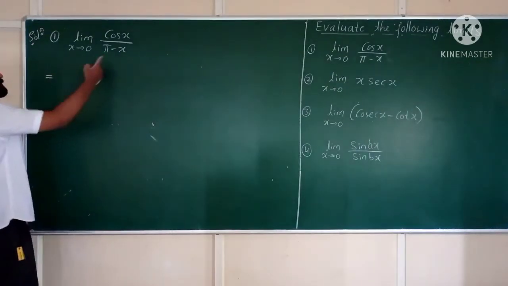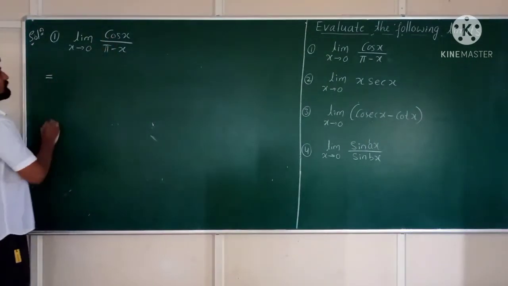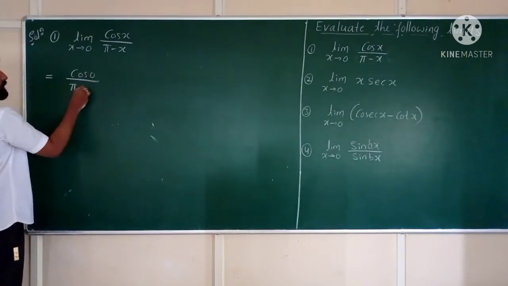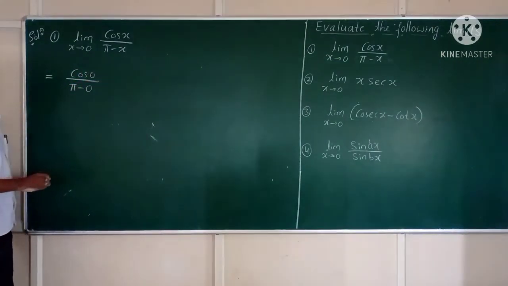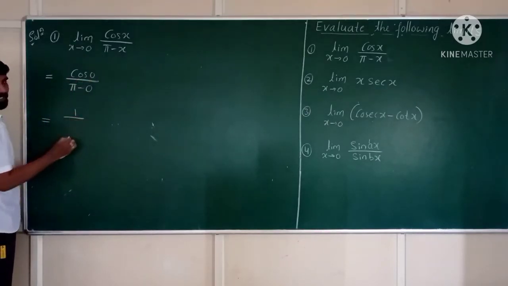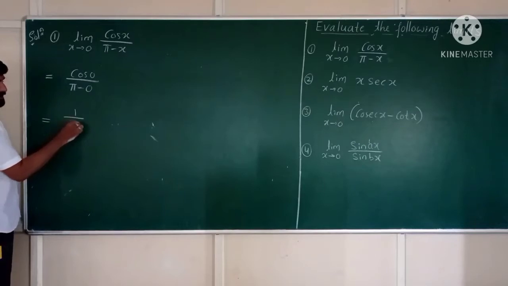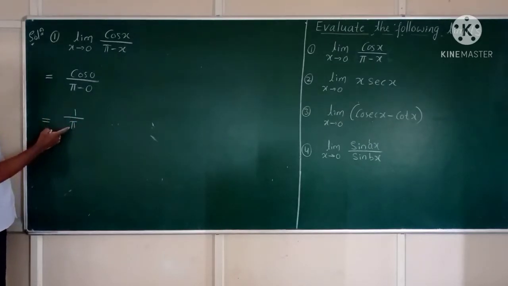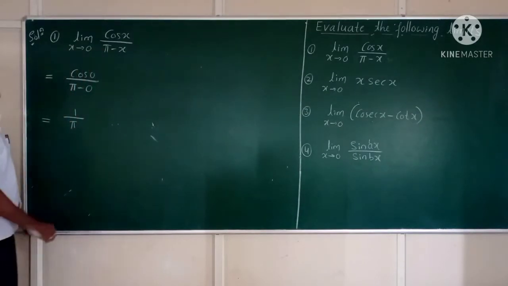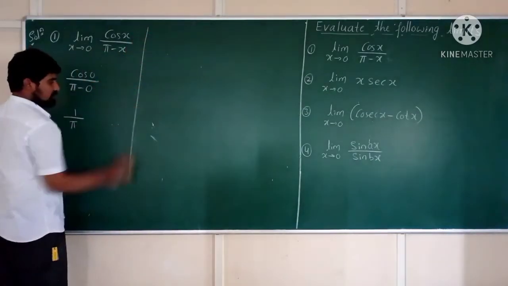Then directly we can substitute x equals 0 in this function. So it is equal to cos 0 divided by pi minus 0, which is equal to 1 divided by pi, and hence 1 by pi is the limit value of this given function at x equals 0. I hope all of you understand it.